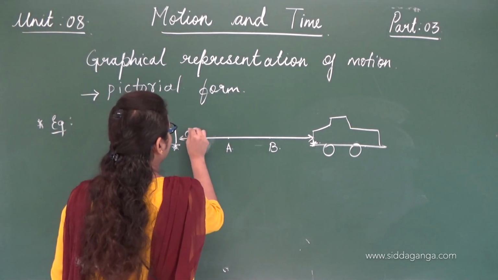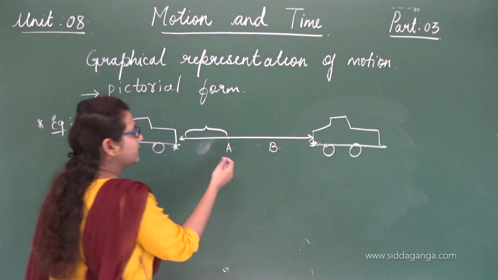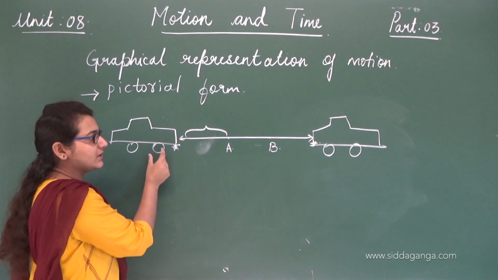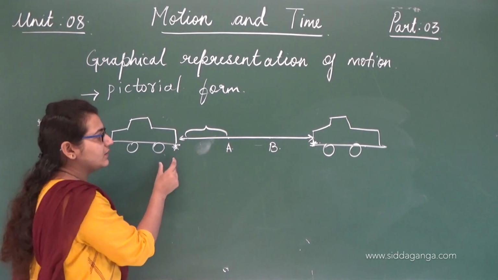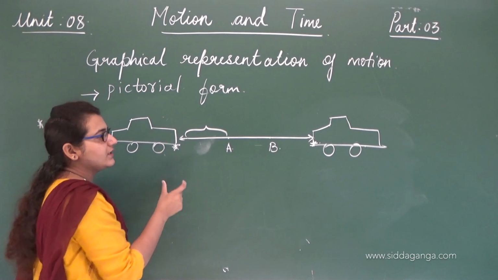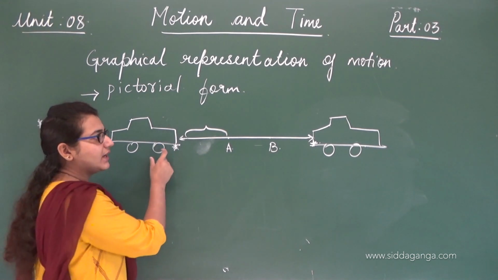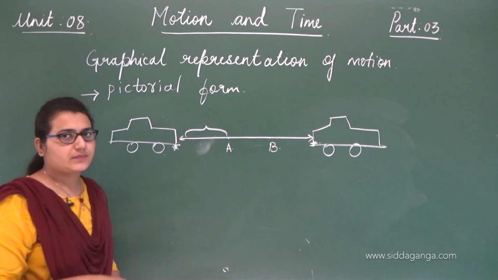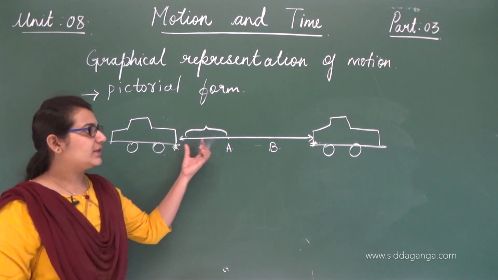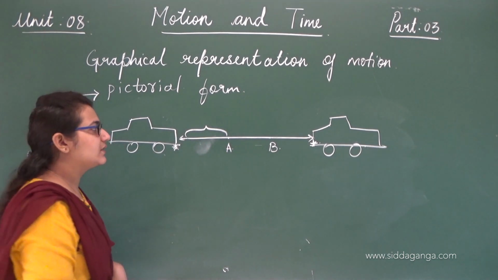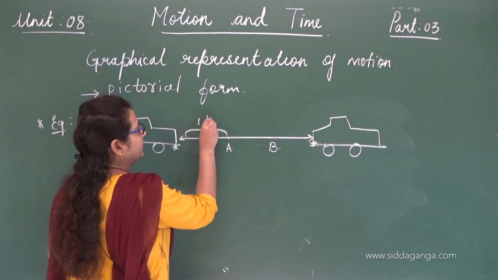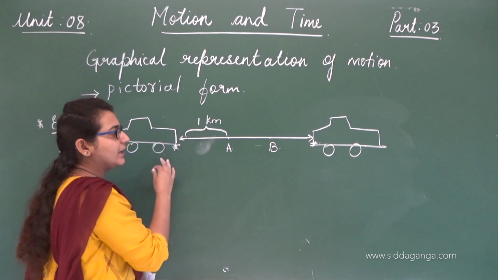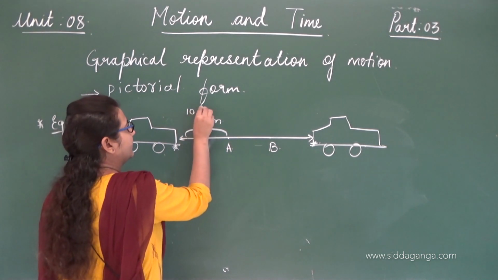Now, to reach the point A, listen carefully. When the car has started to move, it has reached some certain point. Let us take that point as A, and while reaching point A it covers a distance of 1 kilometer, and the time it takes is say around 10 minutes.